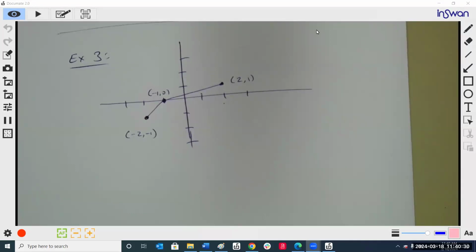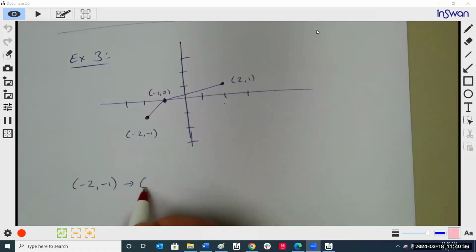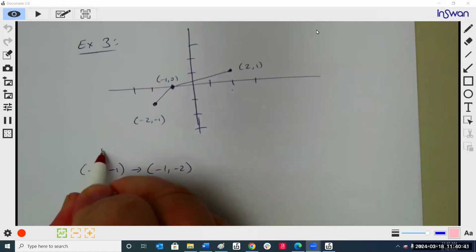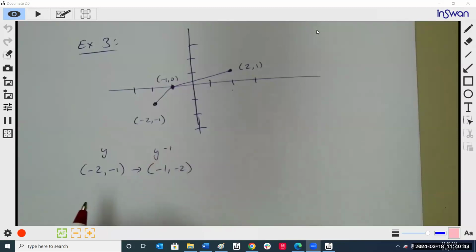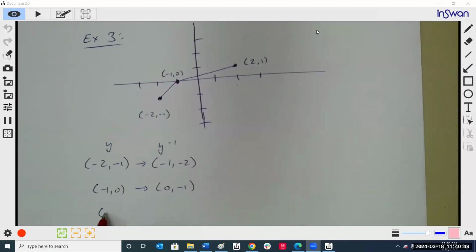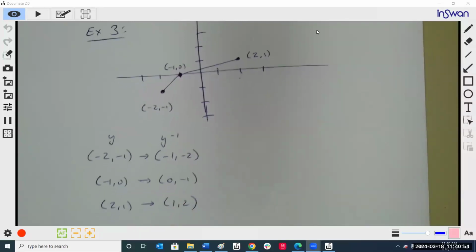Switching the x and y coordinates. So in other words, (-2, -1) would become (-1, -2). That's the first point. (-1, 0) becomes (0, -1). (2, 1) becomes (1, 2).